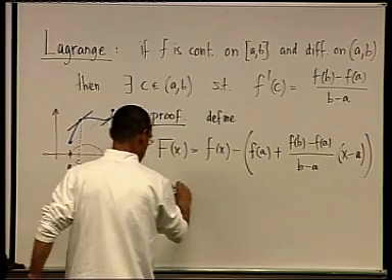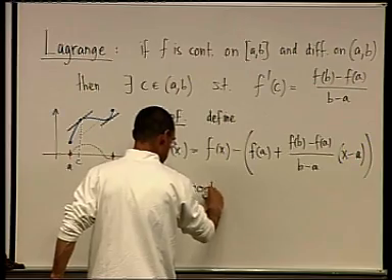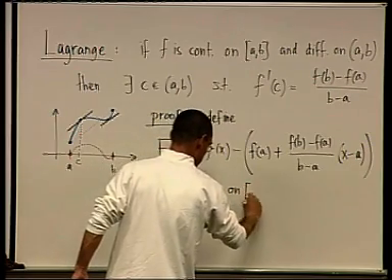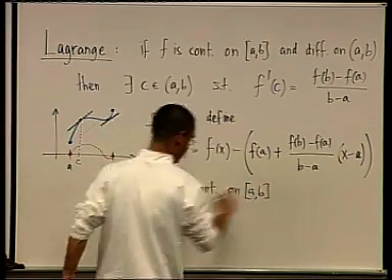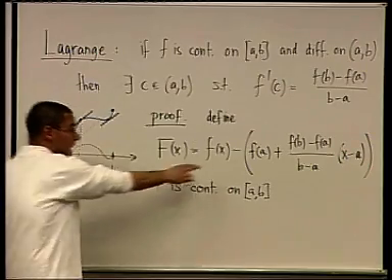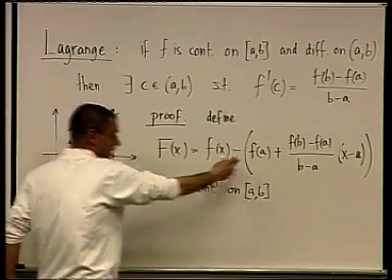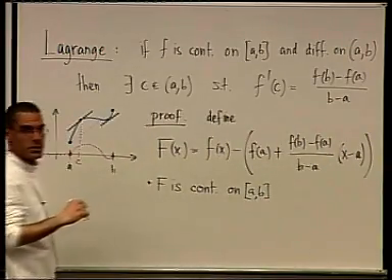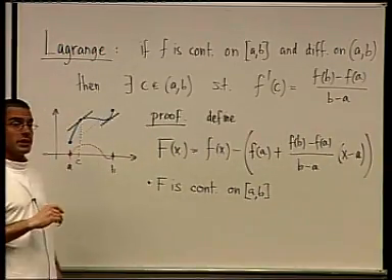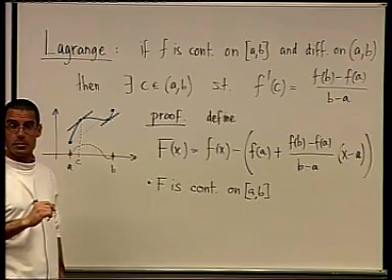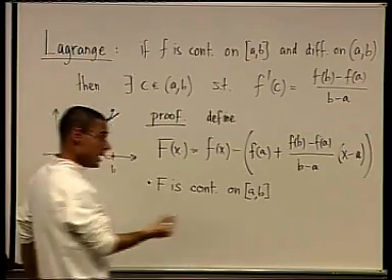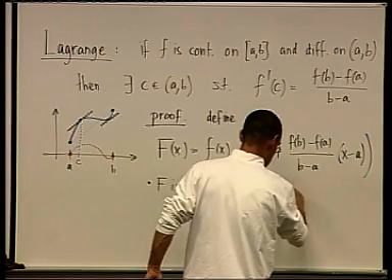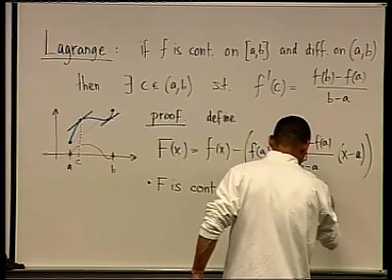F is continuous on the closed interval [a, b]. Why? Because little f was continuous, and this is just a line. It's numbers times x. It's also continuous. And the difference between continuous functions is continuous. Right? It's also differentiable on the open interval for precisely the same reason.